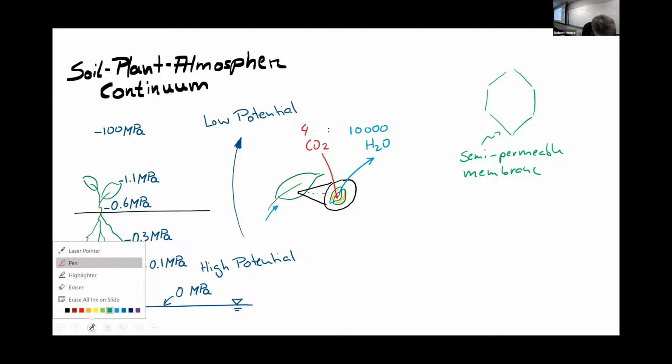Okay? And the way it works is that the plant accumulates ions in here. Okay? So here we build up a solute potential, Psi solute. And being that this is a semi-permeable membrane, solute potentials are always negative.